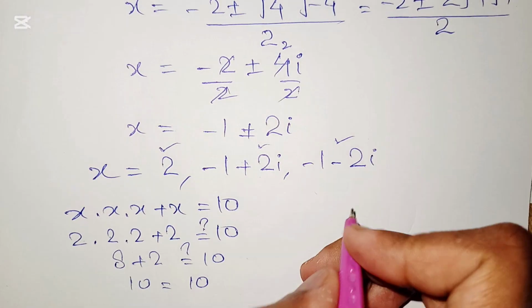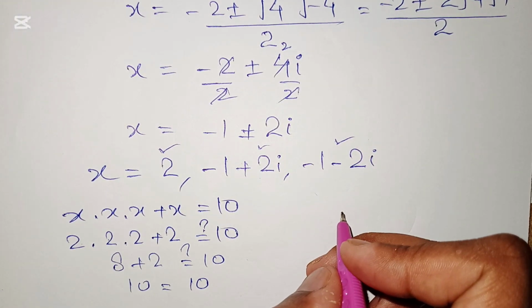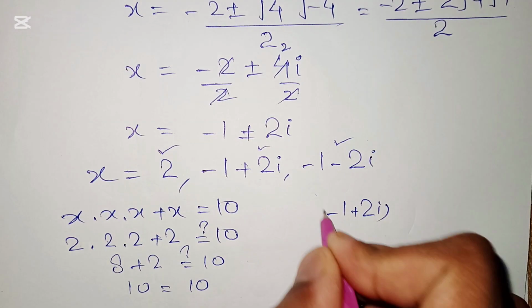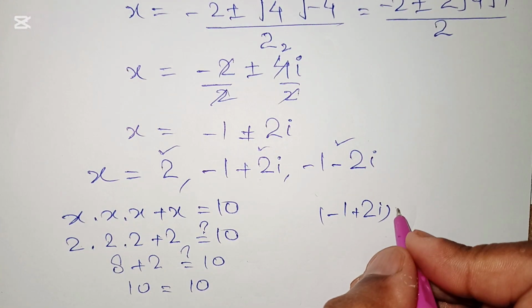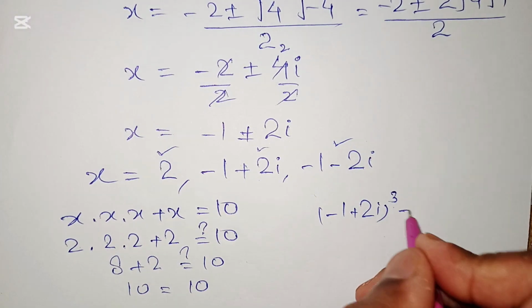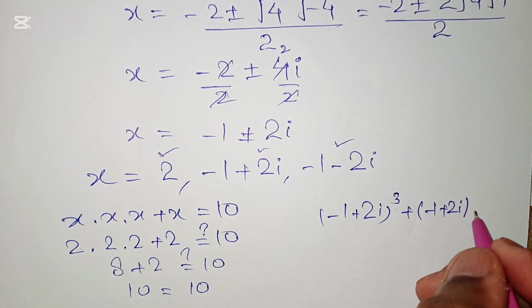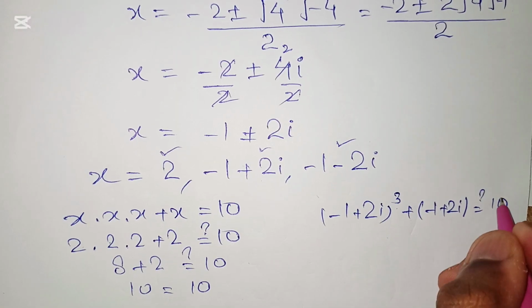And if we solve for this, -1 plus 2 iota whole cube plus -1 plus 2 iota equals 10.